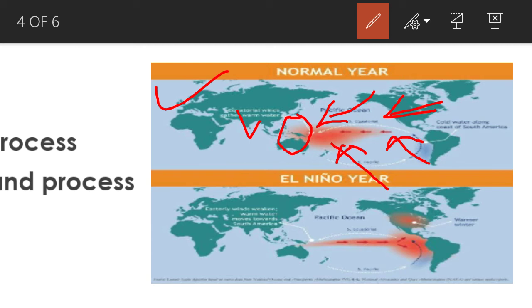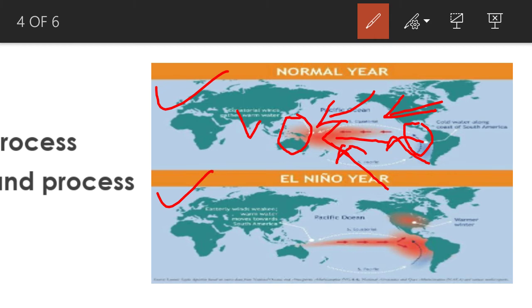So along the equator, water will move towards the Australian zone, and hence at the west coast of the Americas, North America and South America, there is upwelling of water from below the ocean surface. The water below comes upward. Okay, this is the condition for a normal year.